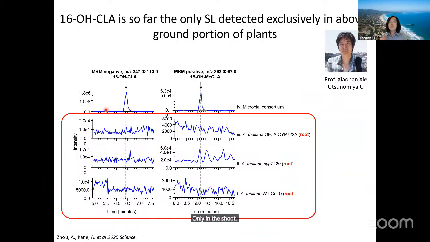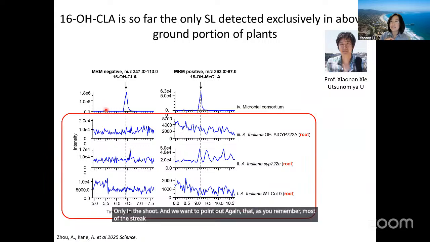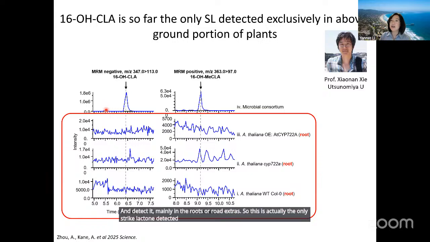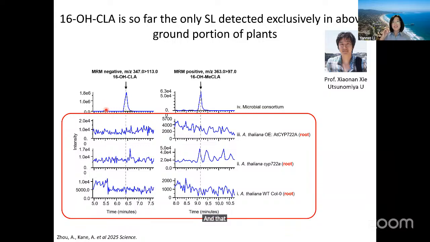As you remember, almost all strigolactones were discovered and detected mainly in the roots or root exudates. So this is the only strigolactone discovered to date that is detected exclusively in the shoot, but never in the root.